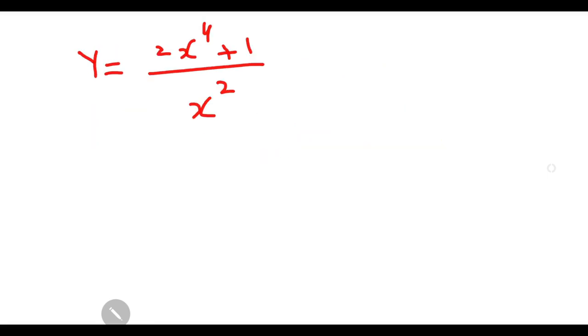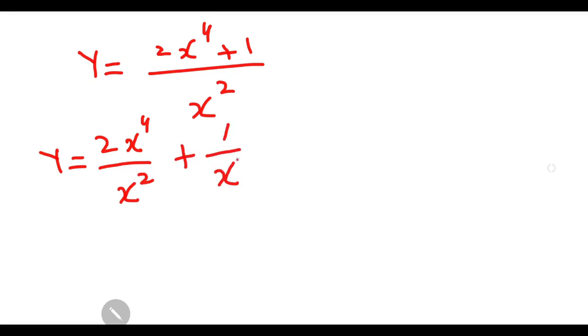Now I'm going to simplify the expression for y. Rewrite the function y by dividing each term in the numerator by x to the power 2. So y is equal to 2x to the power 4 divided by x to the power 2, plus 1 over x to the power 2. Further simplify, because I need to differentiate, I need to apply the power rule.